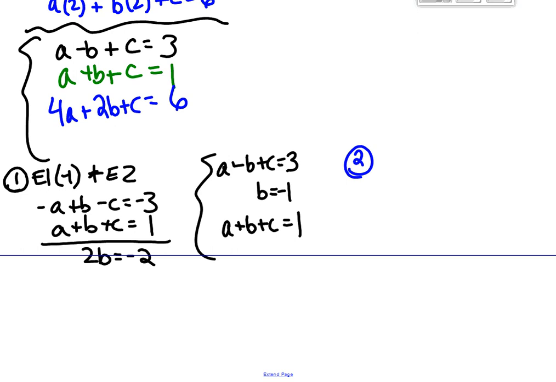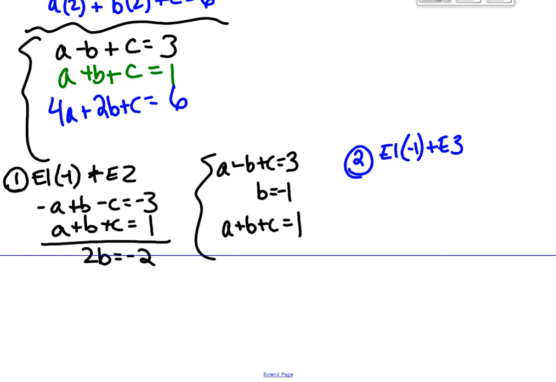And so the way that I'm going to do that is I'm going to multiply E1 times -1, and I'm going to add it to E3.